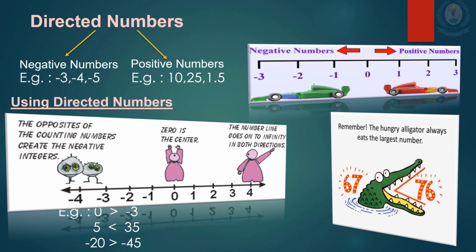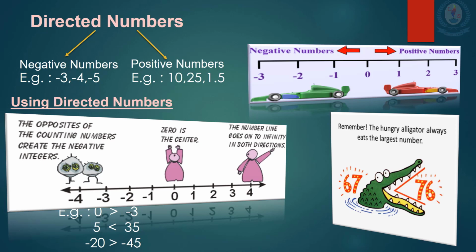Here you can see a number line. There you can see 0 is the center. The number line goes on to infinity in both directions. So here you can see, normally you know 67, and when you get 76, 76 is the larger number.